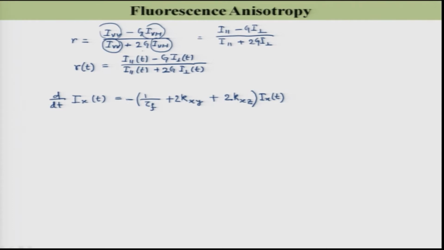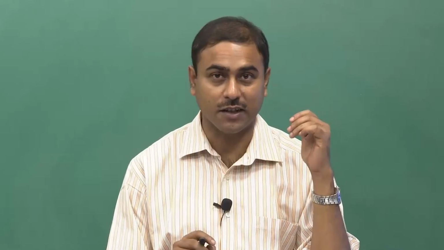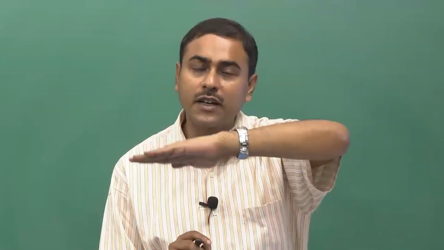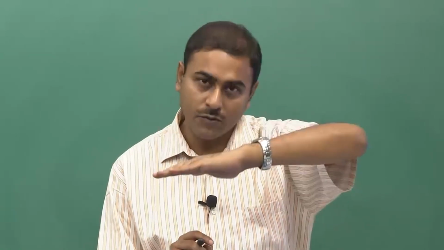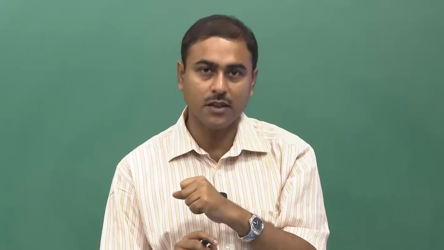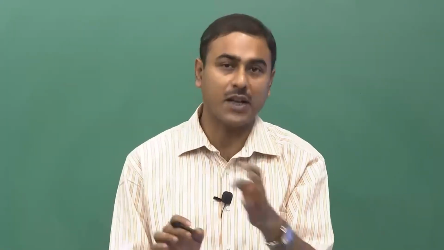So, this is my deactivation, but I have said that I have excited with arbitrary polarization of excitation. So, these molecules are excited, these are excited, these are excited. When these molecules are excited, they can also come back to the x axis, from y to x, and then it will contribute to the fluorescence intensity along the x axis. So, I also should write a plus term over here.